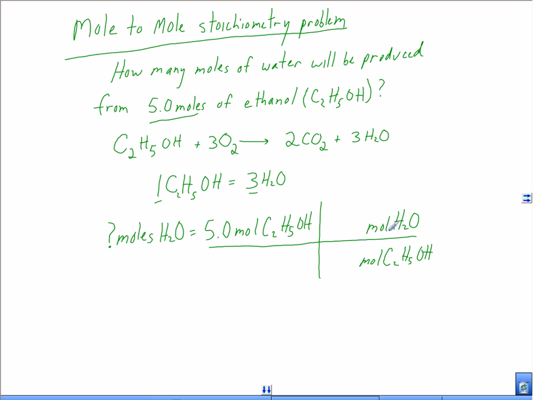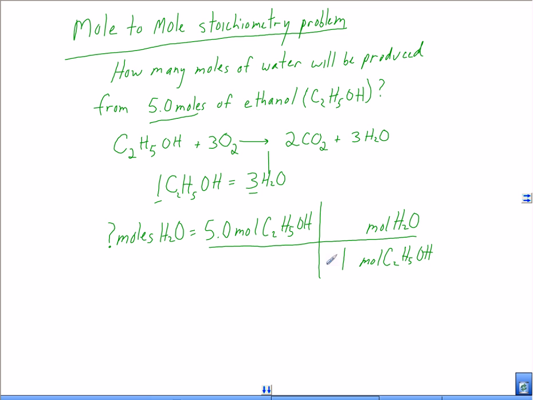So I need some sort of relationship between moles of H2O and moles of C2H5OH, which is the ethanol. And I look up here at what I've already written out, and I see that I have a ratio that says 1 mole of ethanol is equal to 3 moles of H2O.